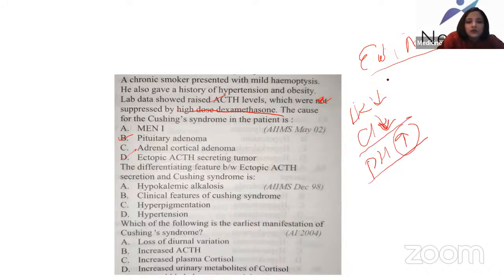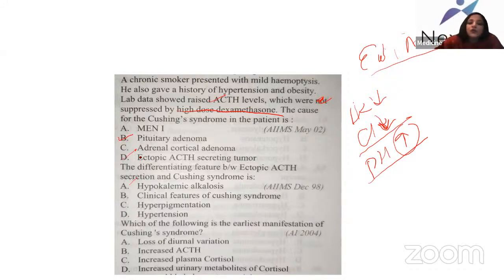So the answer for this is hypokalemic alkalosis. The patient with ectopic ACTH secretion, the first clinical feature that I told you before, will have hyperpigmentation of the knuckles and the skin, because it reacts more with the melanin pigment. And the second feature of ectopic ACTH is that potassium will be low, chloride will be low, and there will be alkalosis in the patient.